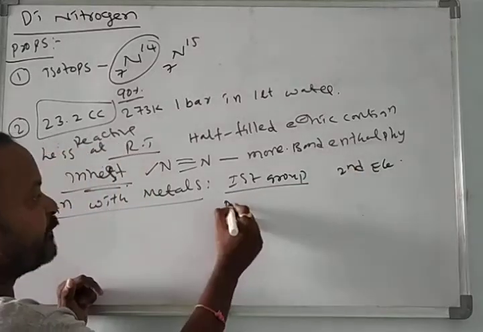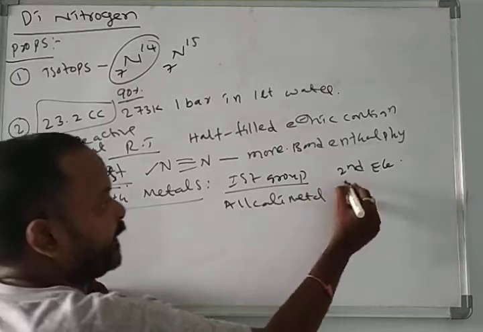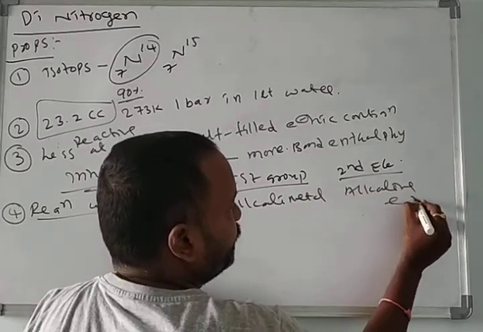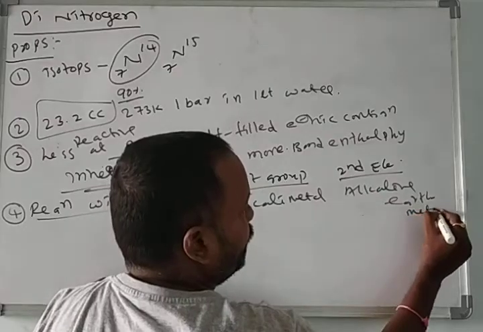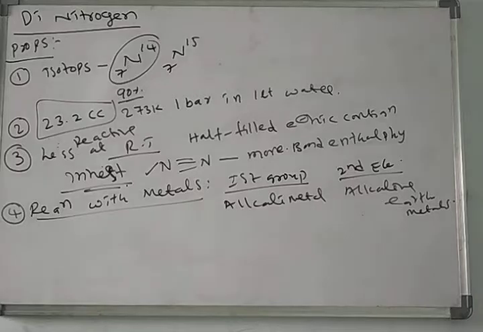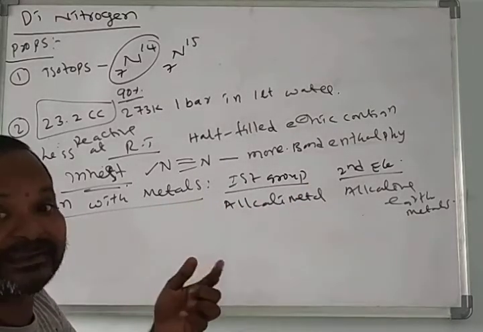First group elements we call alkali metals, and second group elements we call alkaline earth metals. These easily react with nitrogen and form various types of nitrides.